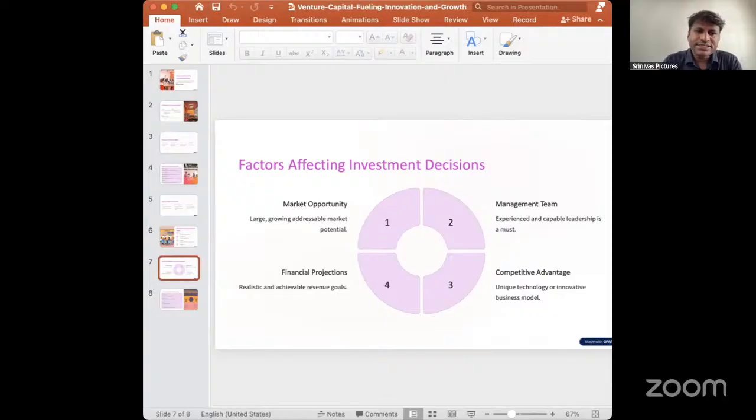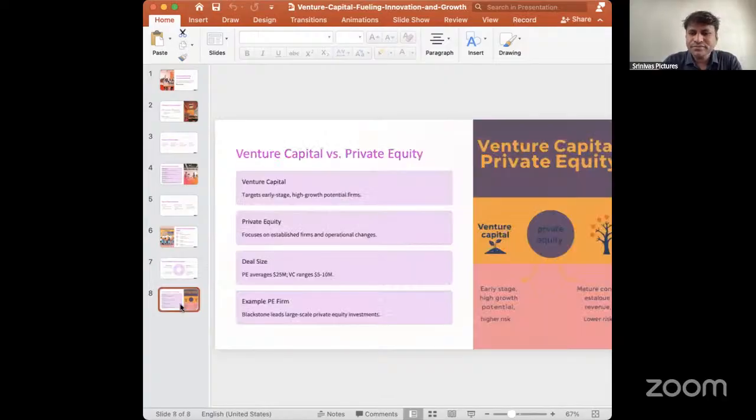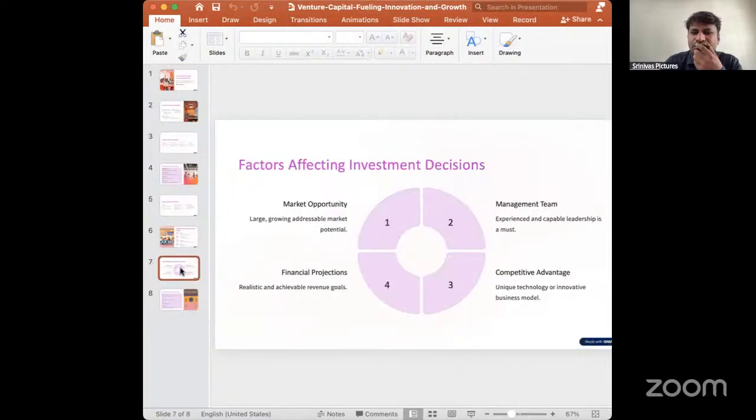Next one, selection of venture capital. For the selection of venture capital, there is a hands-on, hands-off approach.